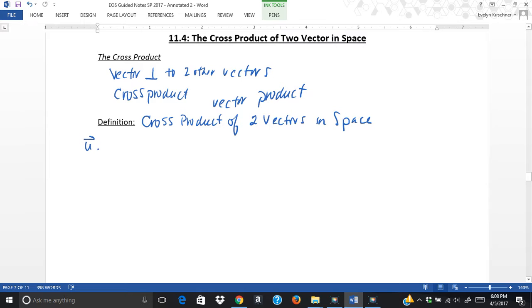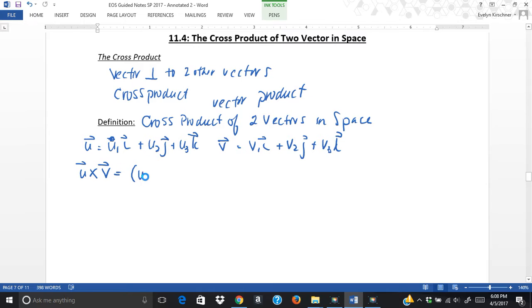If I have u, which is u1i plus u2j plus u3k, and v, which is v1i plus v2j plus v3k, then the cross product is another vector, and it's u2 v3 minus u3 v2 i, minus u1 v3 minus u3 v1 j, plus u1 v2 minus u2 v1 k.